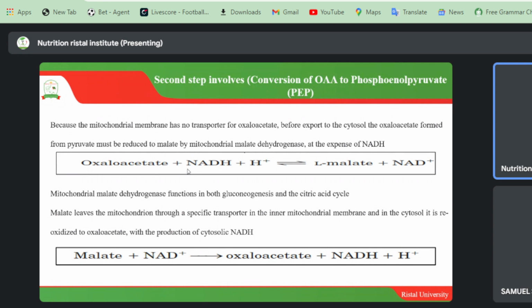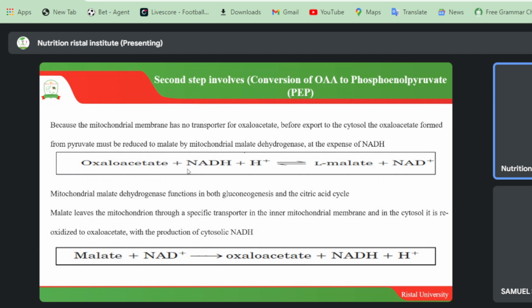The malate, after being produced in the matrix, will be transported into the cytosol and then converted back into oxaloacetate.